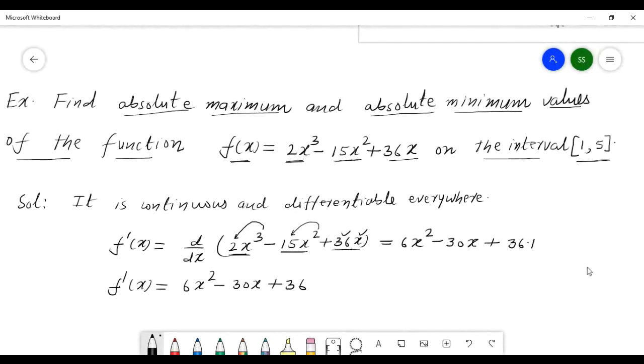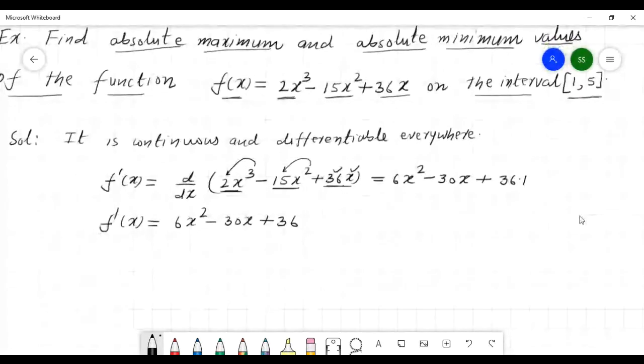This is the derivative. Now you have to find the critical numbers. How to find critical numbers? Take f'(x) equal to 0.